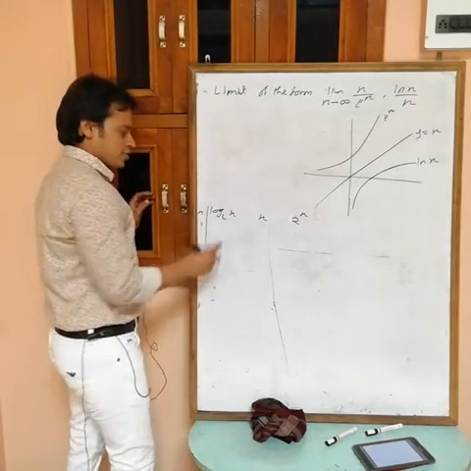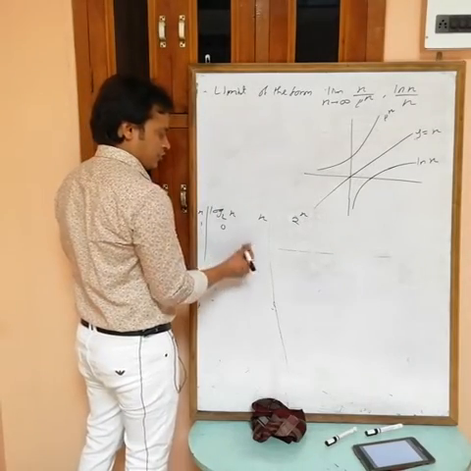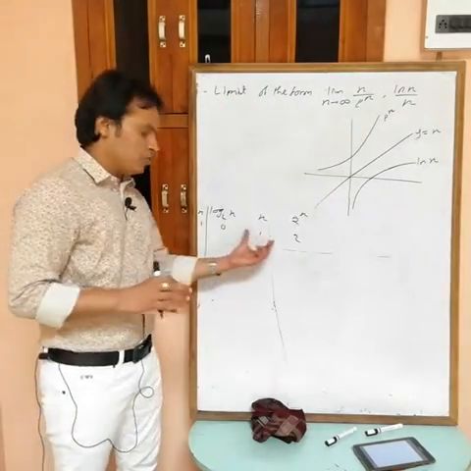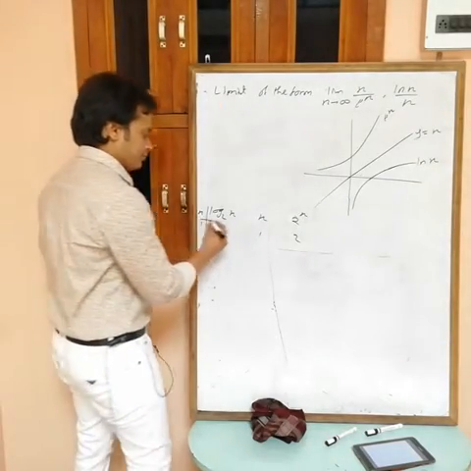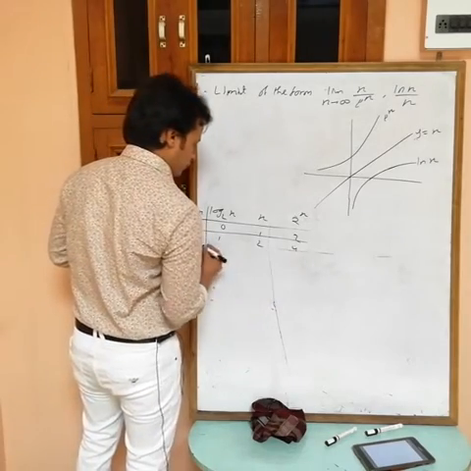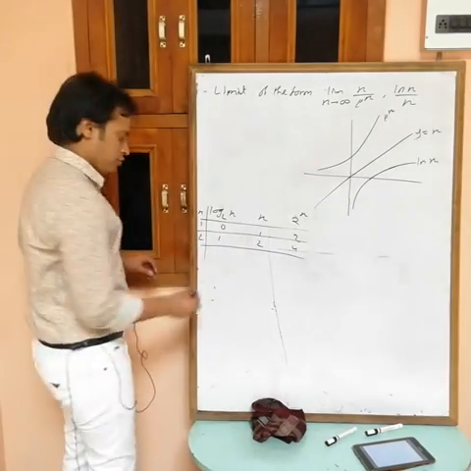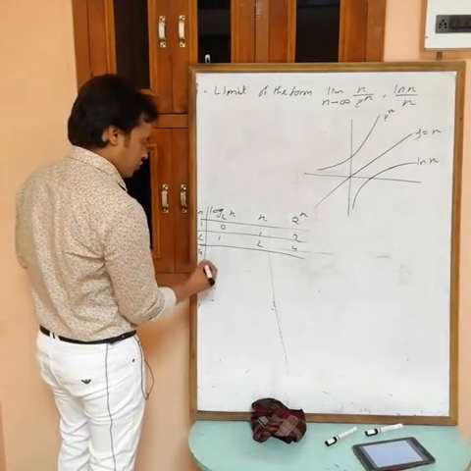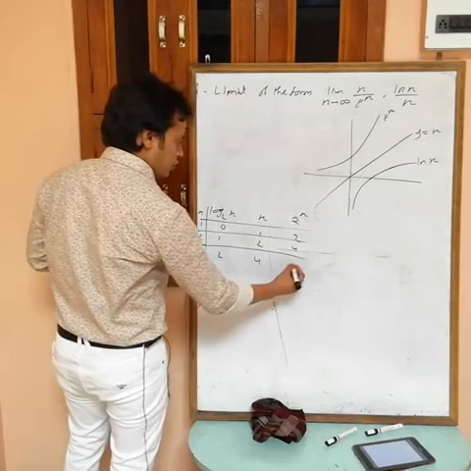If you put x equals to 1, this one is log 2 of 1 is 0, then 1, and 2. Nearly there is no much difference. Now put 2: 1, 2 and this is 4. Again no high difference. If you put 4, then 2, 4 and 16.